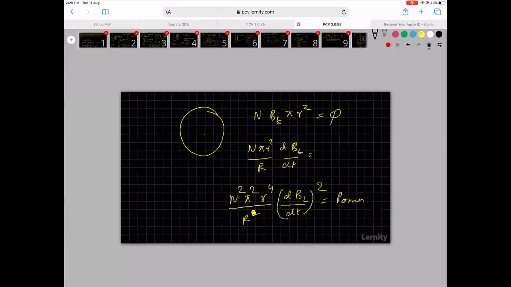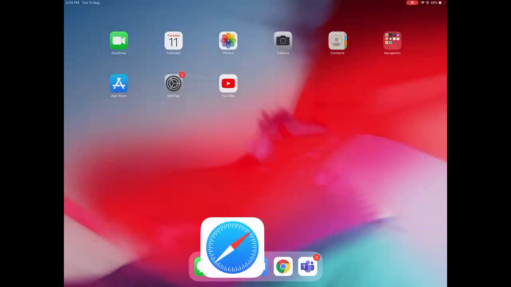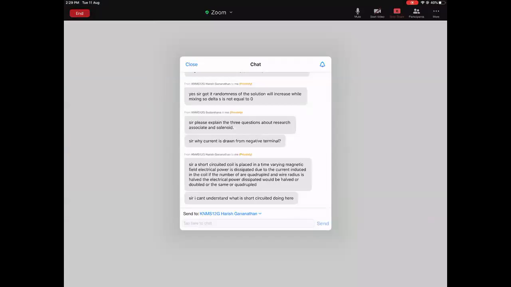So now they are telling you that if the coil number of turns are quadrupled, so 4, so 16 times, the wire radius is halved. Wire radius is halved means the area resistance will change.